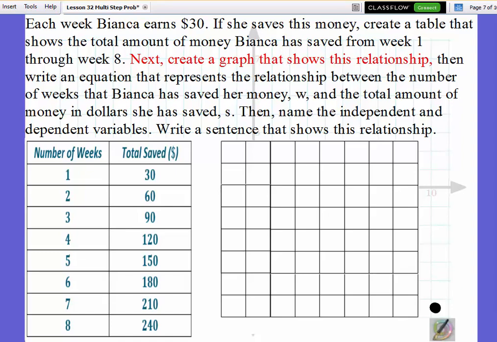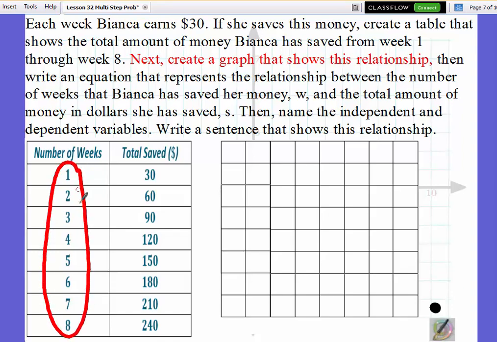Create a graph that shows this relationship. Then write an equation that represents the relationship between the number of weeks Bianca has saved her money and the total number of dollars she has saved, S. We don't need to worry about all that part yet because we're working on one part at a time. My first thing is I need to figure out where my numbers go.